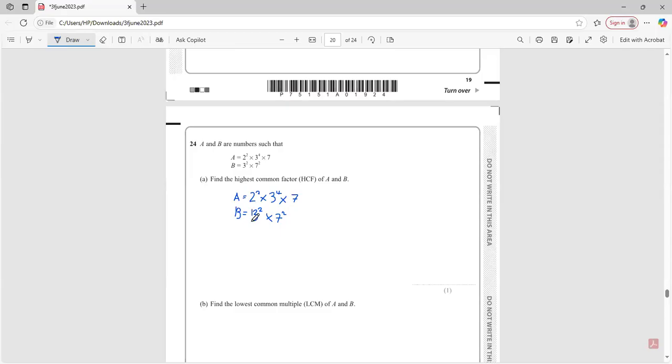So yes, if you interpret the squared, then 3 squared will be the lowest for this one, and for the 7, this one would be the lowest.